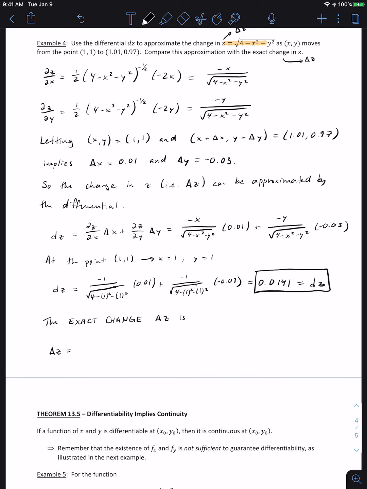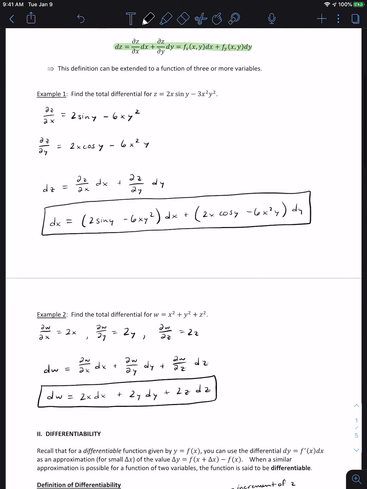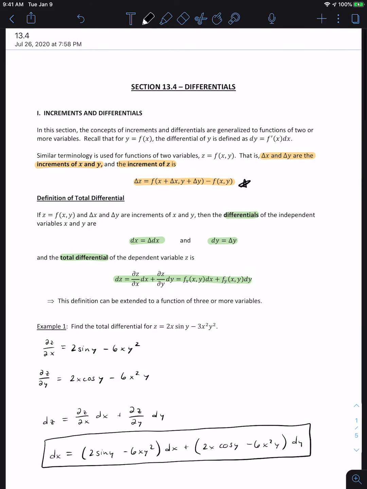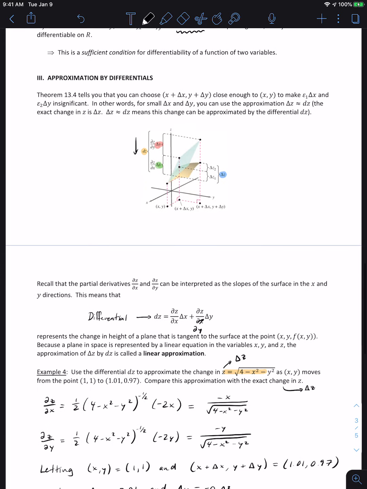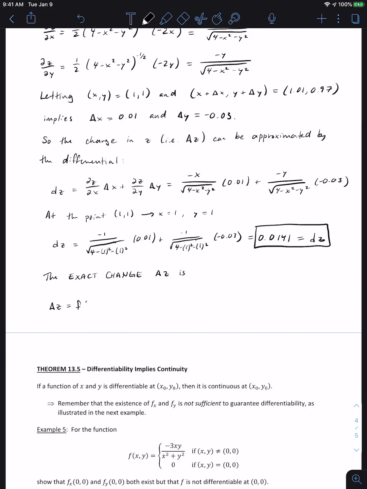Our formula for delta z all the way back up is this guy, right? But we plug in our delta x, we plug in our delta y, and our x and y. So in general, this formula looks like f of (x plus delta x, y plus delta y) minus f of (x, y).